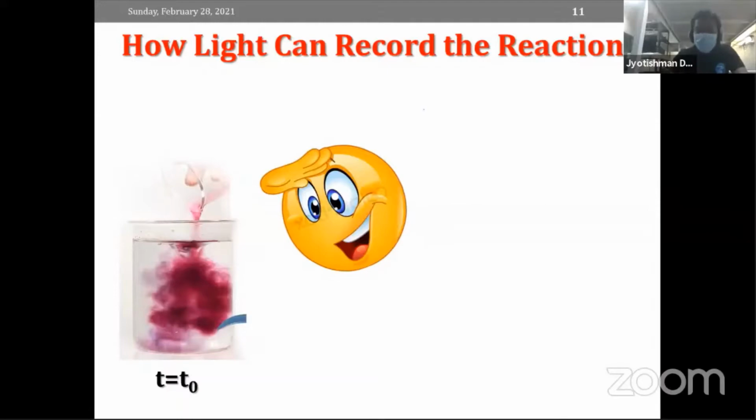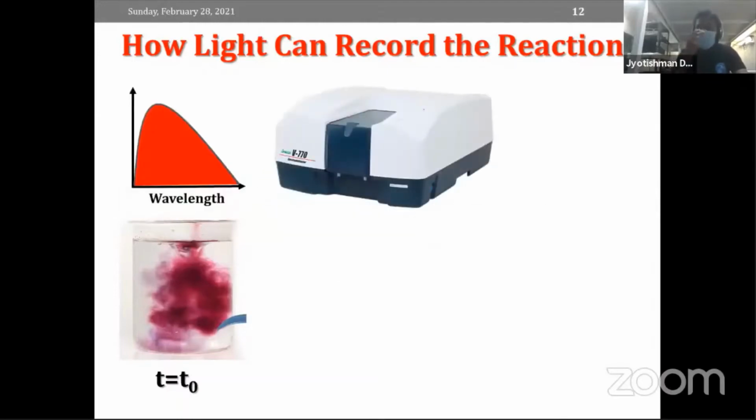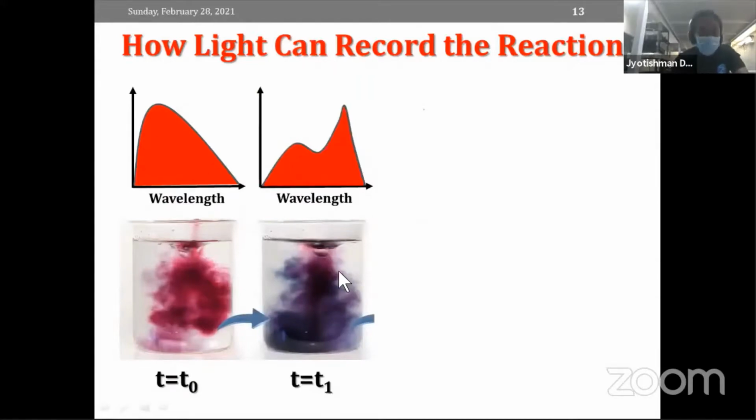Or second, instead of seeing with our eye, I can use a sophisticated spectrometer. That is something which can record the color. So that will give me some kind of graph corresponding to that color. As the chemical reaction progresses, let's say at the very start, I record the color. Then after some time, as soon as the color changes, I will record another spectrum, which corresponds exactly to the changed color.